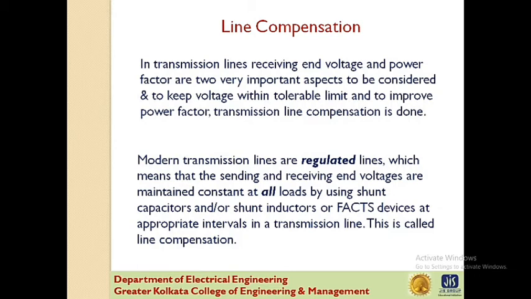Now modern transmission lines are regulated lines, which means that the sending end and receiving end voltages are maintained constant at all loads by using shunt capacitors and/or shunt inductors or FACTS devices at appropriate intervals in a transmission line. This is called line compensation.